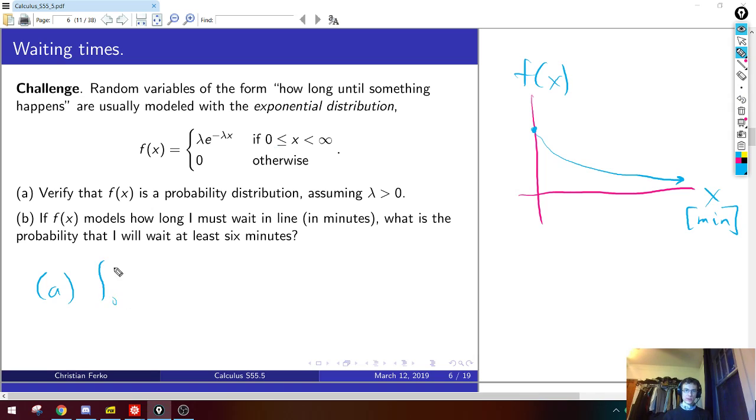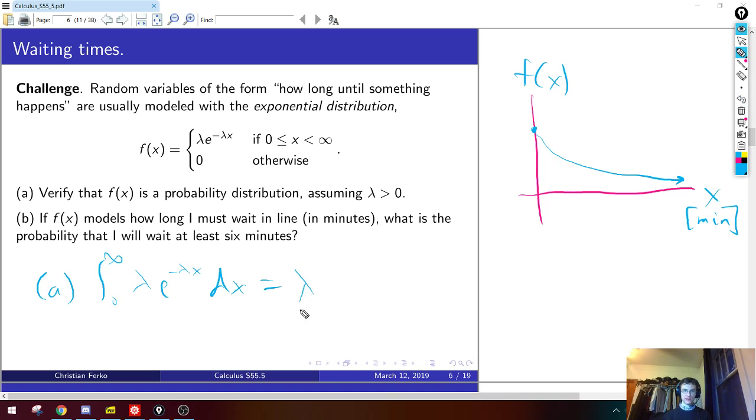So let's do that. From 0 to infinity of lambda e to the minus lambda x dx, and what is that equal to? Where lambda is a constant. Oh, lambda is a constant. Oh, that makes it much easier. In that case, it is going to be lambda e to the negative lambda x times negative lambda.